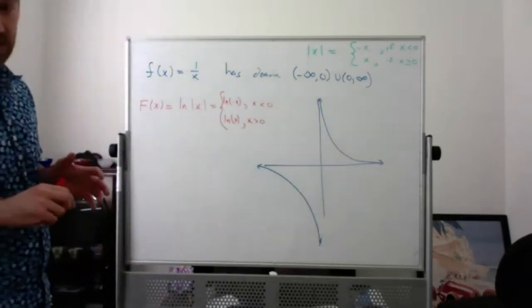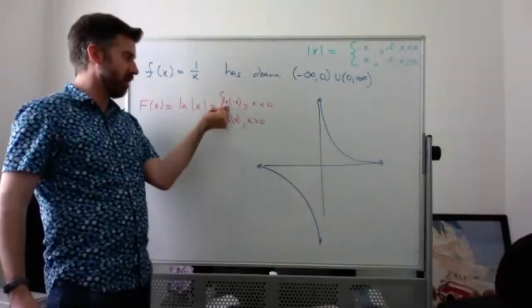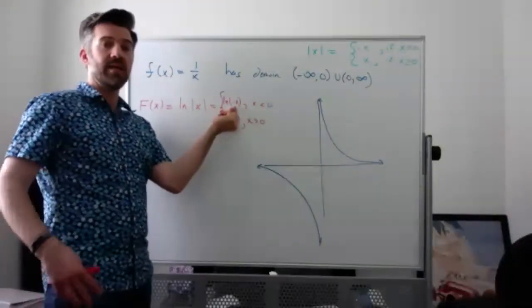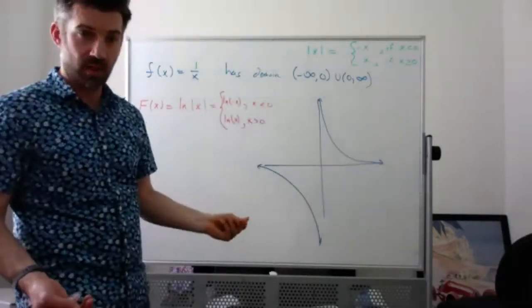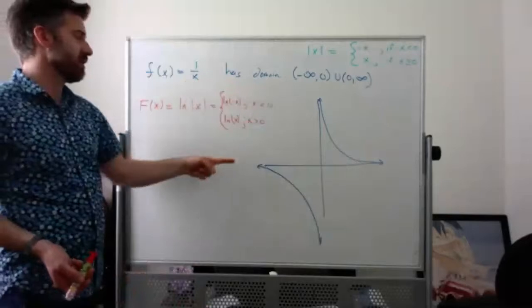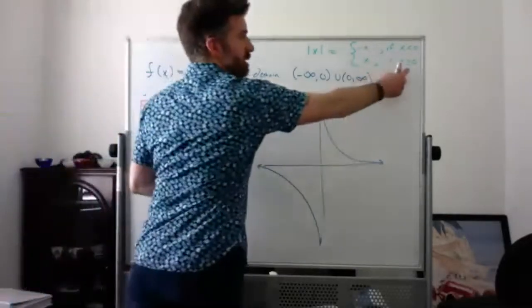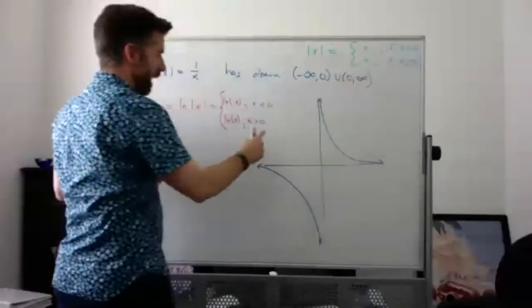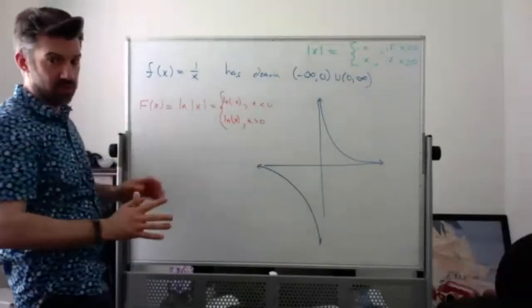Because if x is, say, -5, well, the natural log of -5 becomes the natural log of +5, and that's perfectly fine, right? You can only take the natural log of positive numbers. So this is how we piecewise define this function. Also, just in case you were wondering, I didn't include 0 here because we can't take the natural log of 0. So 0 is still not in the domain.